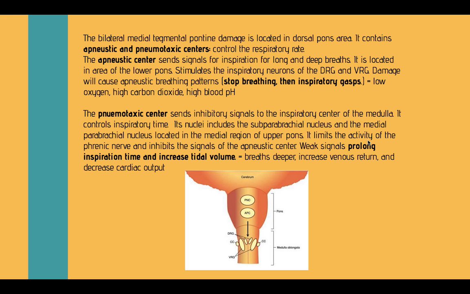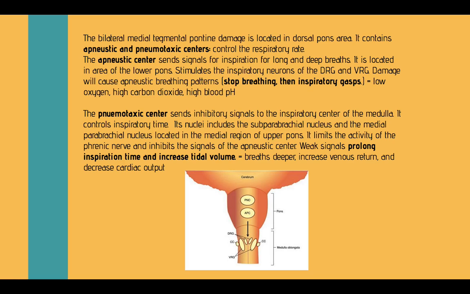And second question, so the bilateral medial tegmental pontine damage is at the dorsal pontine area and contains the apneustic and pneumotaxic centers, which control the respiratory rate.